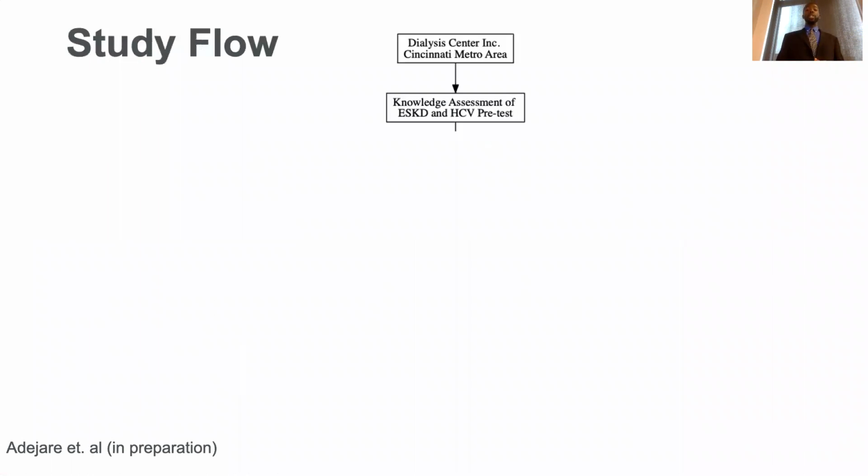So let's start from the top with how we did this. We went to Dialysis Center, Inc. in the Cincinnati metropolitan area, an outpatient hemodialysis clinic. We asked patients in these 4 centers to have their knowledge of end-stage kidney disease and hepatitis C evaluated to see what they knew.